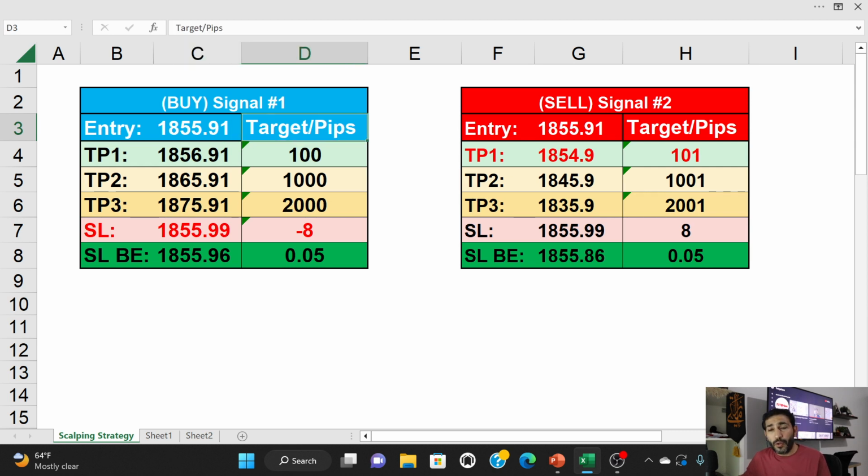So now on the right hand side here, those are the pips or the target for the pips. When we say target, we are including the stop loss targets and we are including the stop loss B target. When we say B target stop loss, that means you're going to move your stop loss to profit after the price moves in your favor at $2, or when it's achieving take profit 1 if the take profit 1 is short.